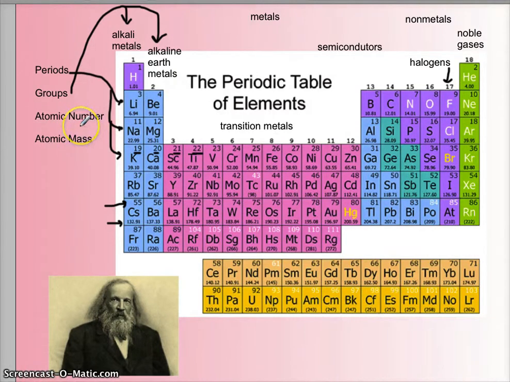Let's talk about atomic number. Atomic number is the number of protons, and you can see the number of protons right here on the periodic table. So for rubidium, the number of protons is 37. The atomic mass is the number of protons plus the number of neutrons, and you can find that at the bottom of each one.